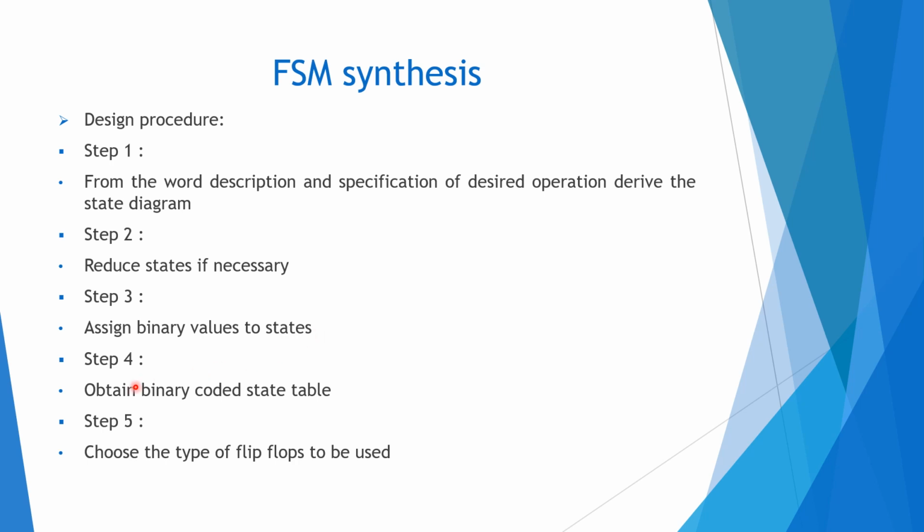Step 4, obtain the binary coded state table. From the state diagram we can derive the state table. Step 5, choose the type of flip-flop to be used. Usually for a JK flip-flop the circuit will be much simpler, but with a D flip-flop we can design a big circuit also in an easy manner, because the next state of the D flip-flop is very easy.